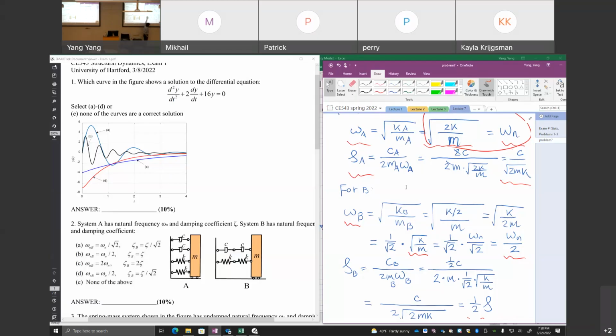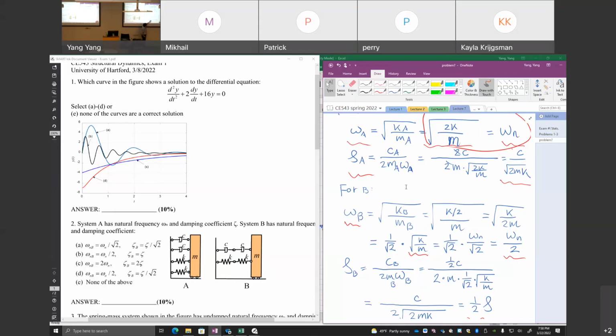We would like to compare omega B with omega n, so we represent the square root of k over m with omega n. In this case, we can see the relationship between omega B and omega n.